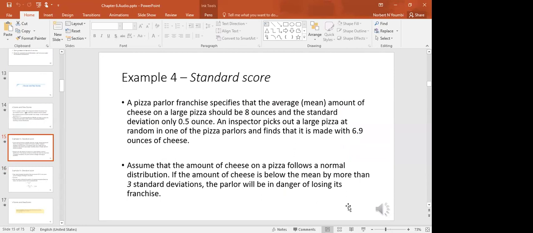That when you buy your pizza, with a standard deviation of 0.5 ounce, the average amount of cheese is 8 ounces. So we are here at 8. The standard deviation is 0.5. What should I put here? 8.5. 9.